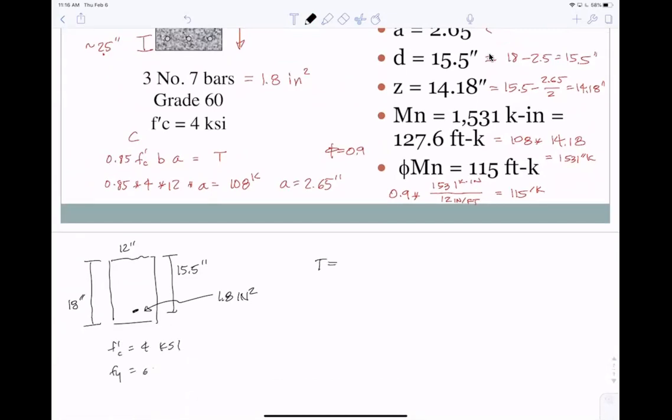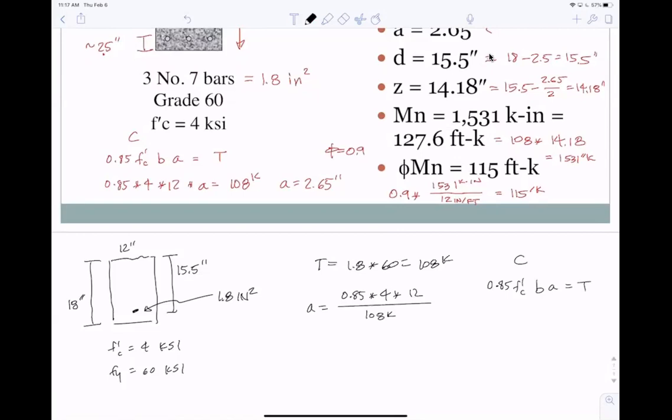Fy is 60 ksi. I just go 1.8 times 60. So hopefully I get the same answer, 108 kips. Then a is 0.85 f'c times b all over T.